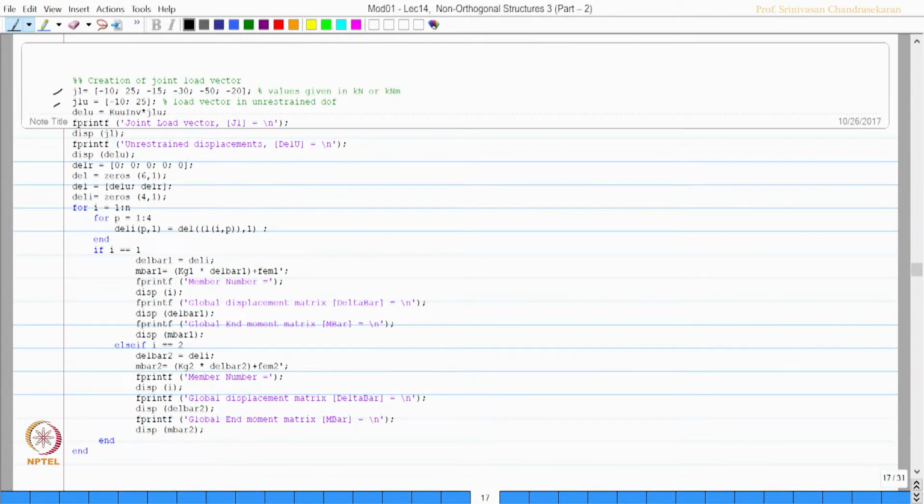Then we use a relationship to compute the delta u, which is k inverse of joint load unrestrained. Then once we get delta u, we can find the end moments of each member, member 1 and member 2. Let us see the results.